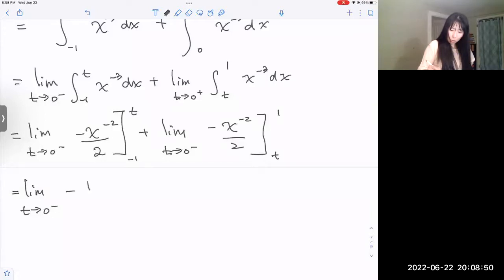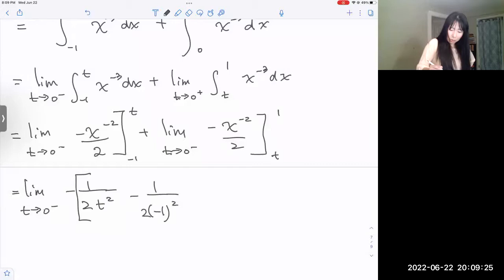So it will be 1 over 2t squared, right? Minus, oh, very confusing with the sign, negative. How about we factor out the negative, then we have a positive, negative, and then 1 over (-1) squared, right?